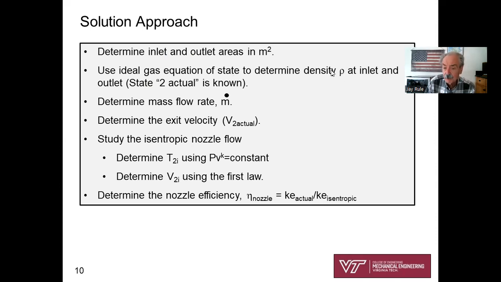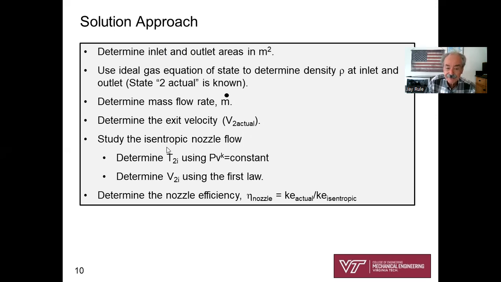Then at the inlet state, we've got rho, we've got the area, we've got the velocity given, so we'll determine the mass flow rate. Once we have the mass flow rate, we can back solve at the exit to find the actual outlet velocity. We'll have rho outlet, A outlet, we have m dot, so we'll back calculate V2 actual.